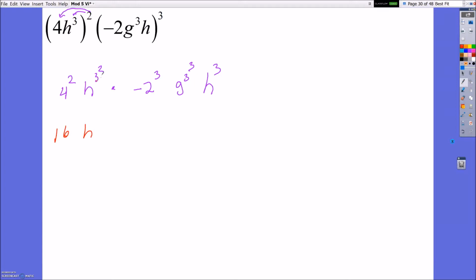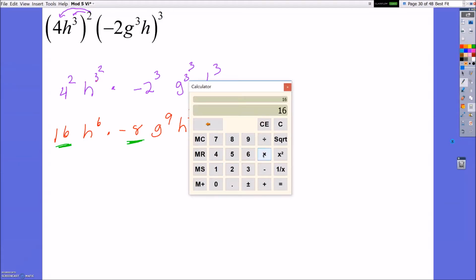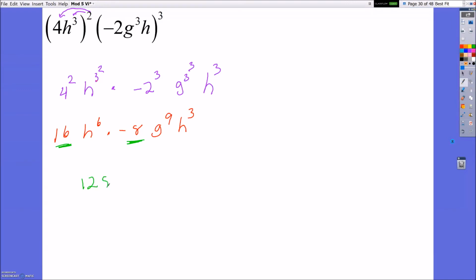Now, remember, when I have a power to a power, I'm just going to multiply them. So that's going to be h to the sixth times -2 times -2 times -2 is -8, g to the ninth, because a power to a power I multiply with variables, and h to the third. I now have to do one more step where I look at all my terms and combine like ones. 16 times 8 would be 128, and a positive times a negative is a negative.